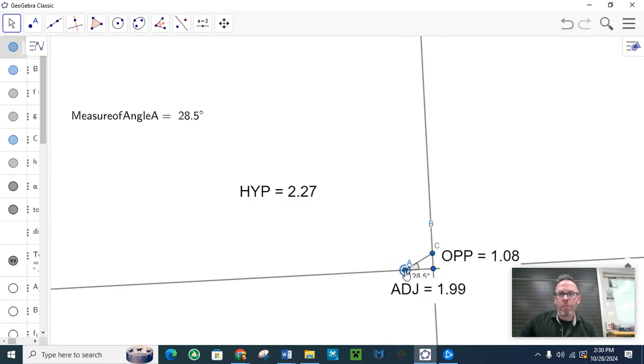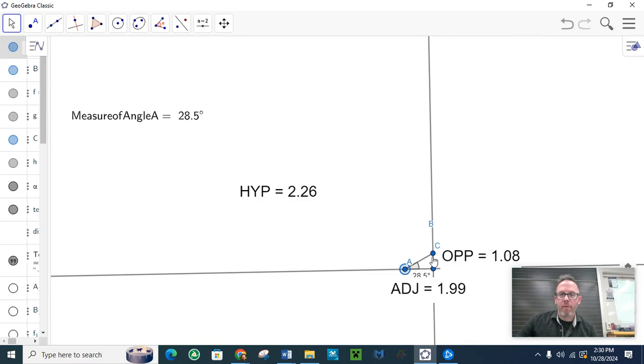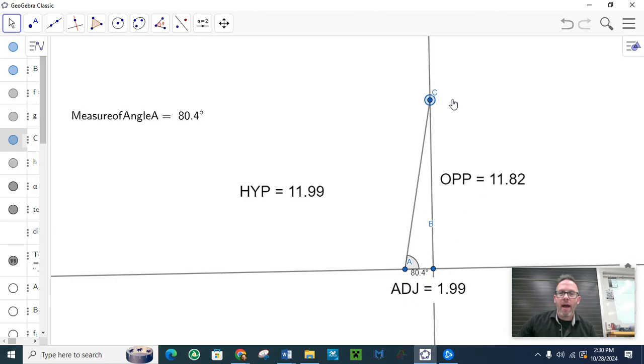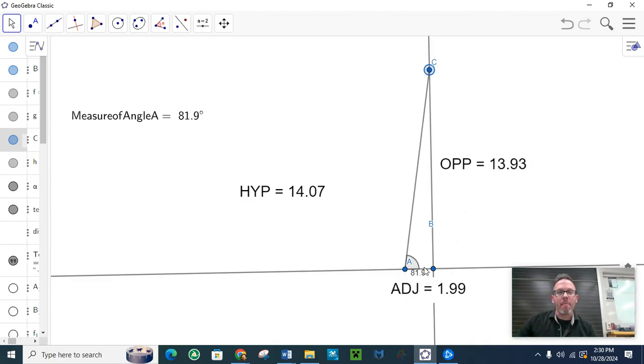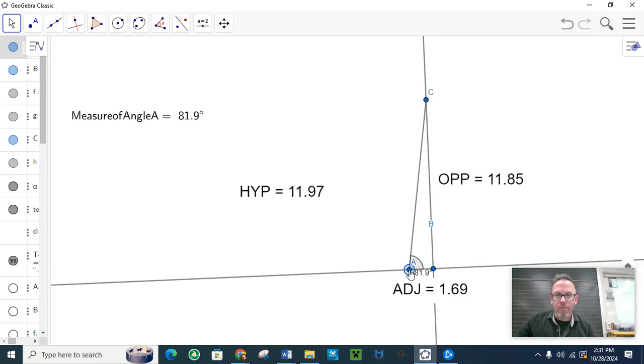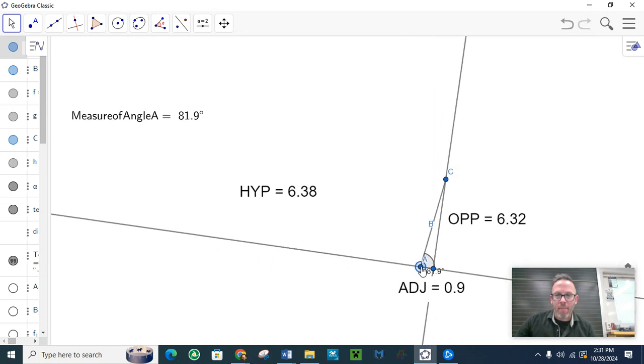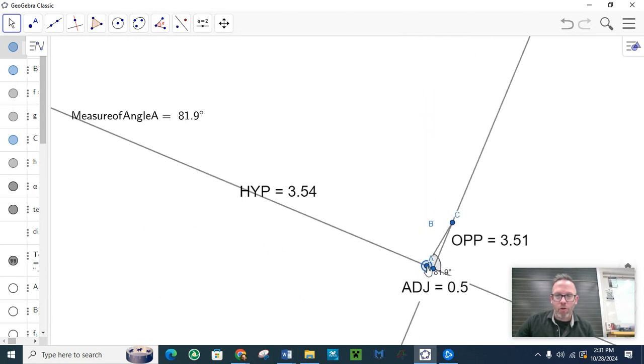Now I want you guys to observe what happens when I make a triangle that has a really, really large angle, and I'm going to try to make that angle as close to 90 as I can. Right now it's 81.9. So I'm going to drag this down, and I'm going to stretch this up. I'm making the adjacent super tiny.